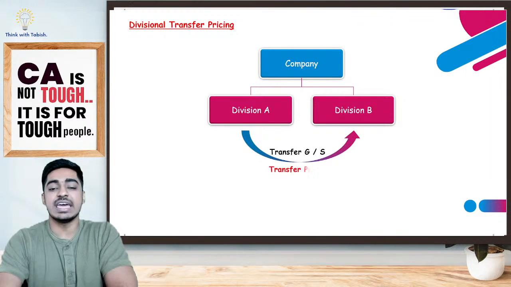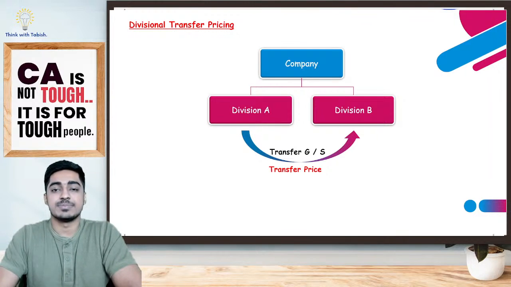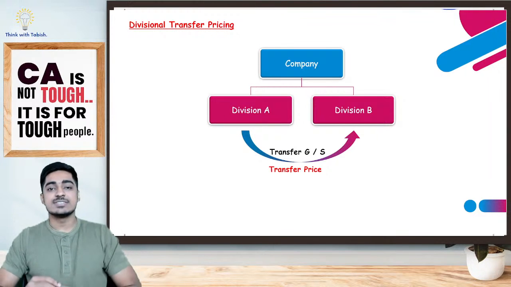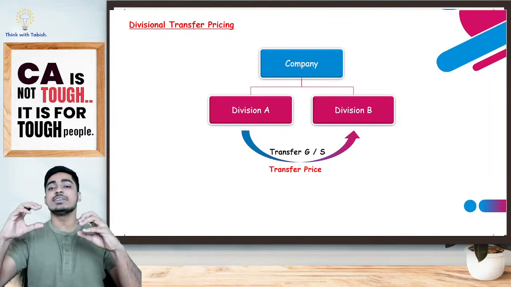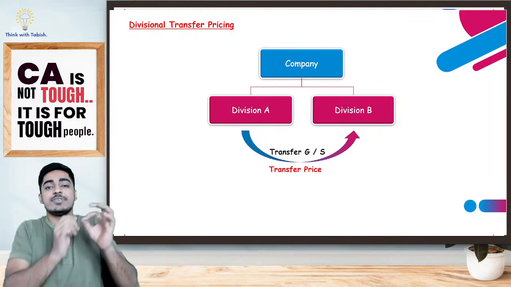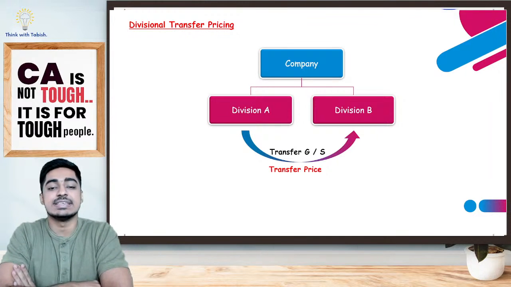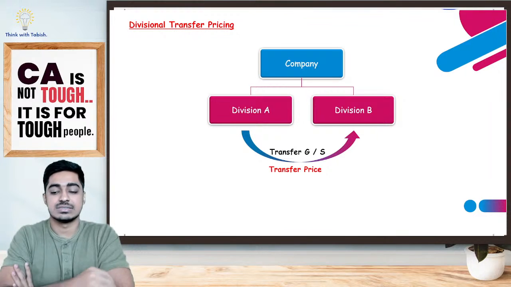The price at which the goods are transferred is called the transfer price. So when goods or services are transferred from one division of an organization to another division of the same organization, the price at which the transfer takes place is called the transfer price.